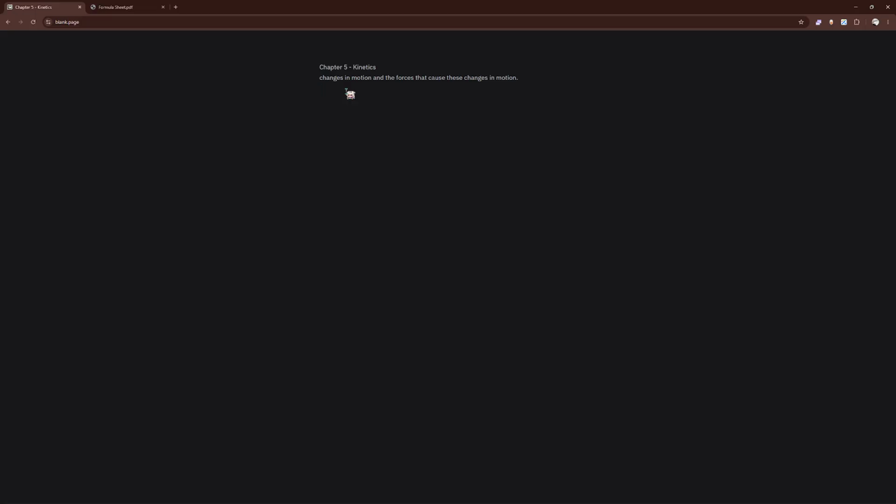That changes what formulas we'll be using mainly, right? And we'll start with the basics, which is F equals ma. This is Newton's second law, which is the force on a particle and its acceleration are proportional.